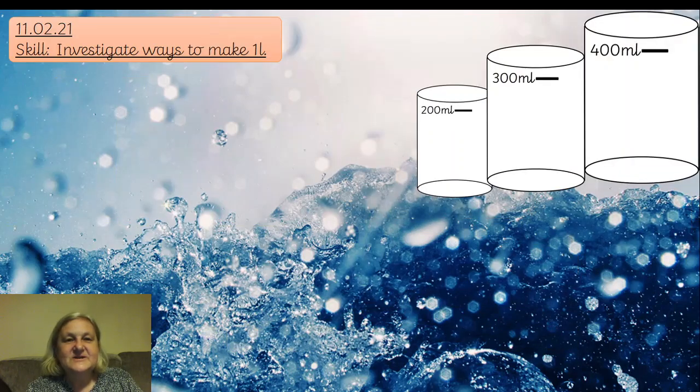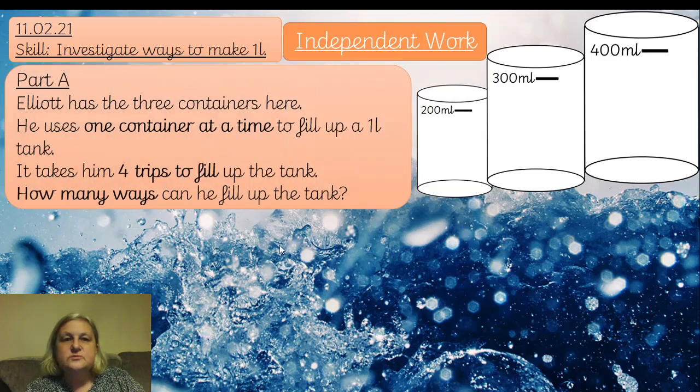Okay. So the next one, this is the one that's printed out on your sheet today, and this is your independent work. We've got Elliot has 3 containers here. He uses 1 container at a time, so he's not able to use 1 container twice, and he's taking trips to fill up the tank.